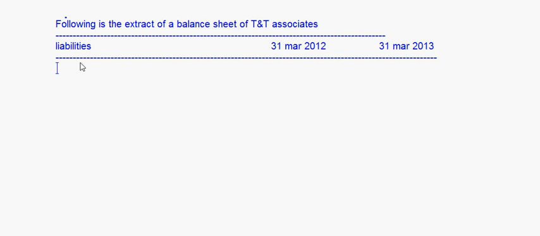Now here equity share capital is given as 7 lakh and 7 lakh, right.